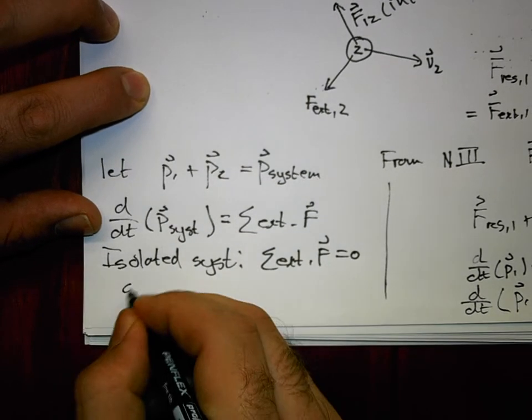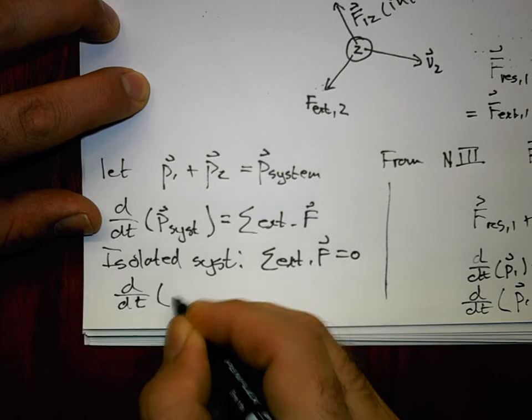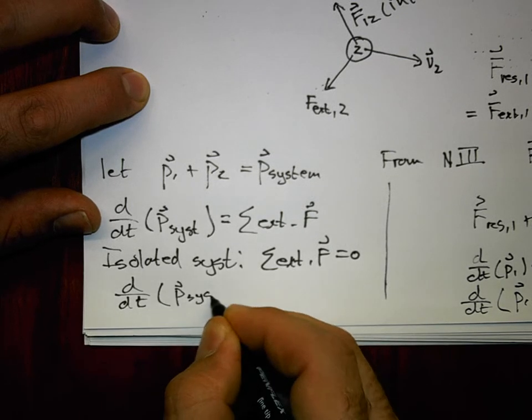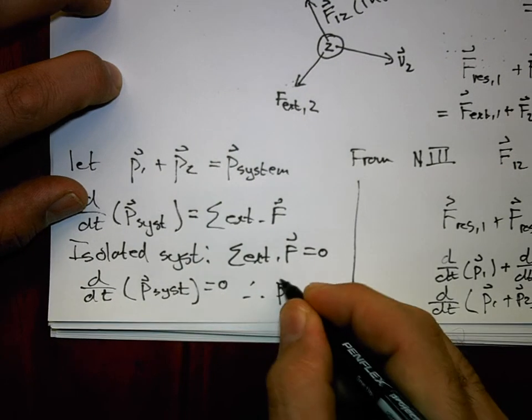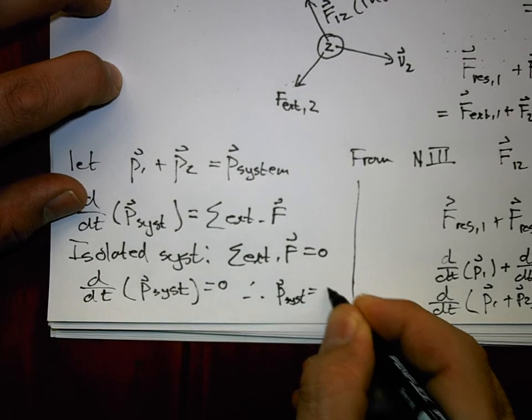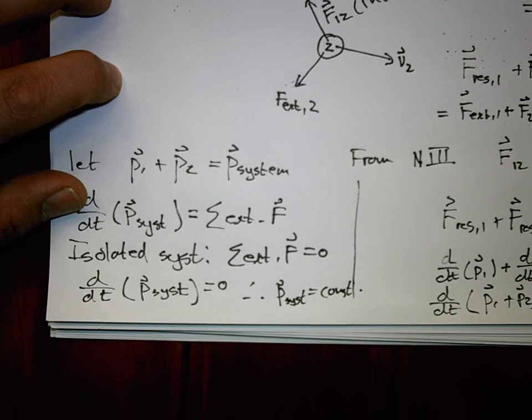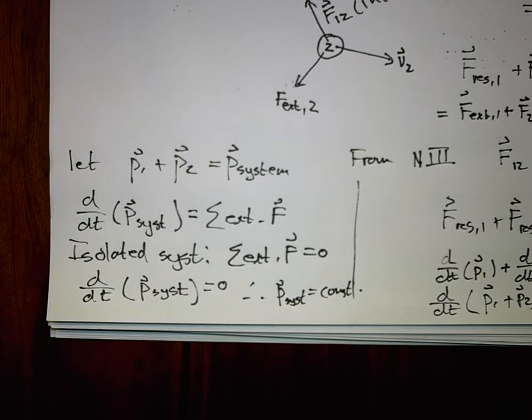So we've got that the time derivative of the system momentum is 0, which means the system momentum itself is constant. So remember when we had isolated systems, we said, okay, well, the mechanical energy of an isolated system is constant. Now we've got another quantity that's constant for an isolated system. It's called the linear momentum of the system itself.